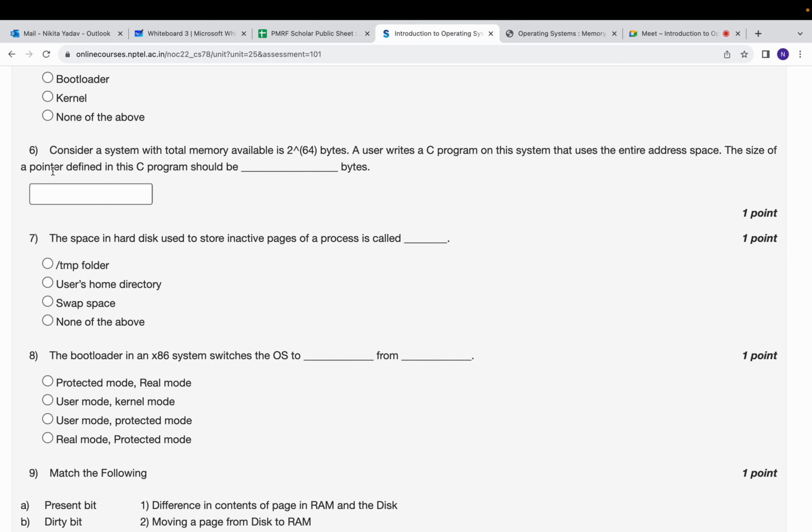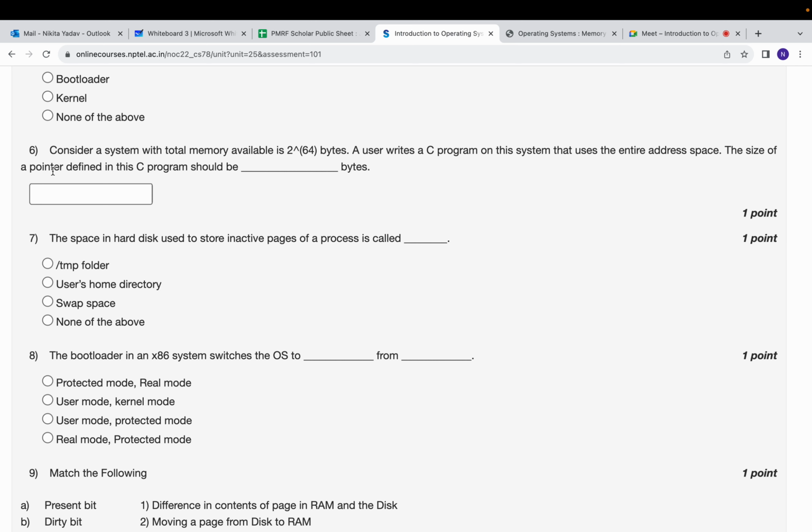What is the size of pointer? In bytes. Any answers?